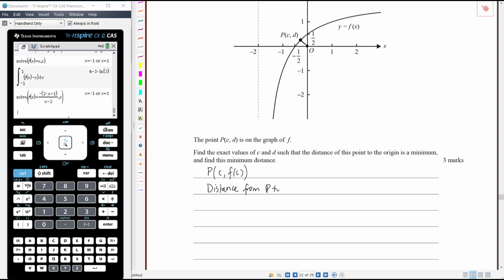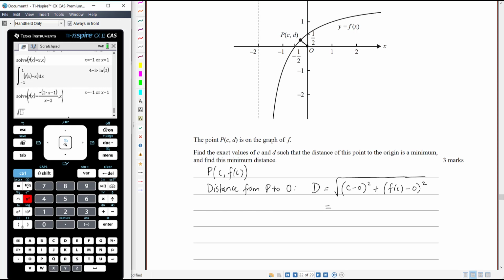from P to O, I'm going to call it capital D, is going to be the square root of c minus 0 squared plus f of c minus 0 squared. Okay, so we can get an expression for that, and then we can work out the derivative of that. So let's just do that.